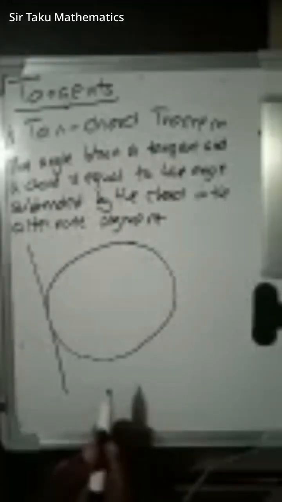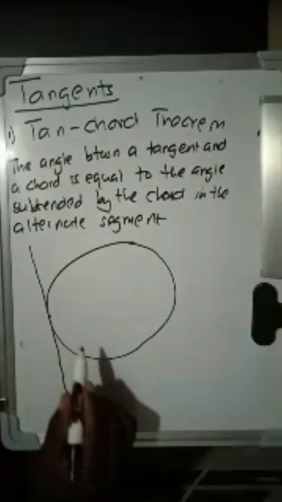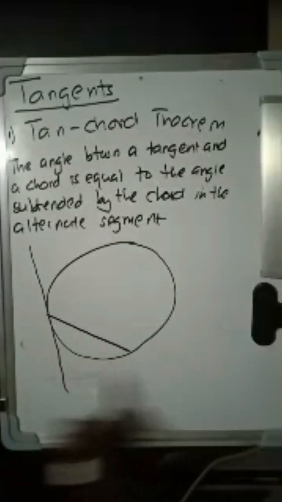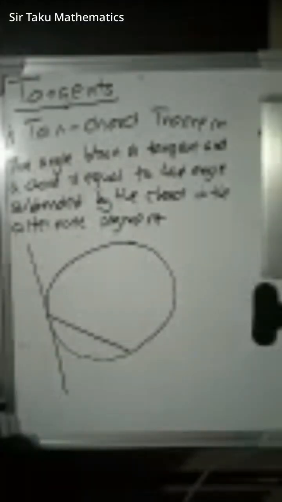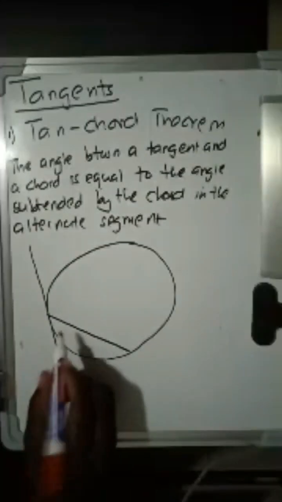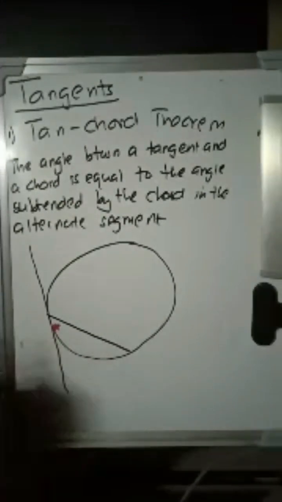Then, where the circle meets the tangent, if we have a chord like that, the chord divides the circle into two segments, the minor segment and the major segment, if you can remember when I introduced the lesson. So we have an angle that is formed here. That one, you can see it.